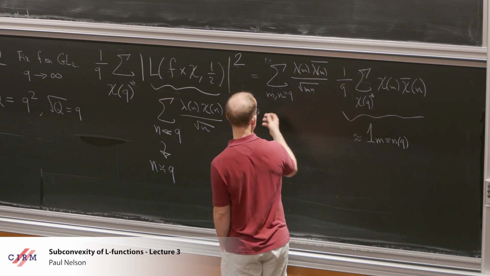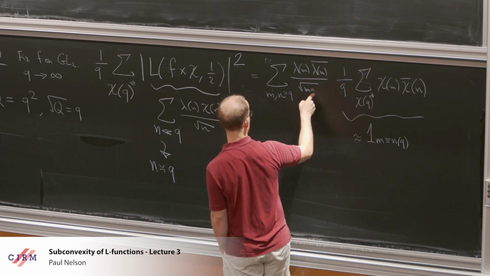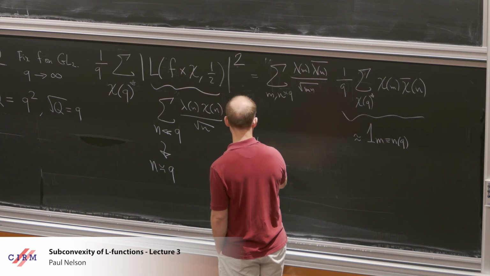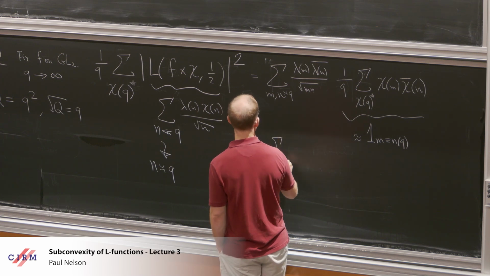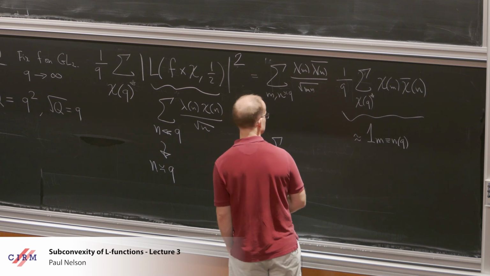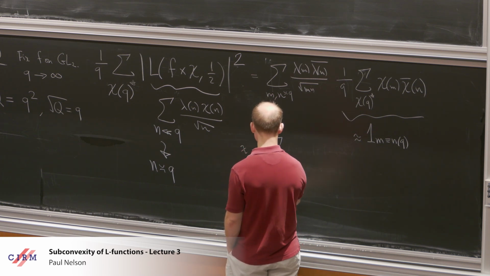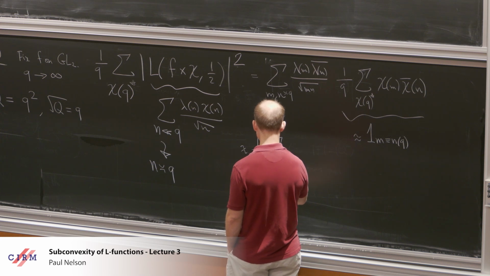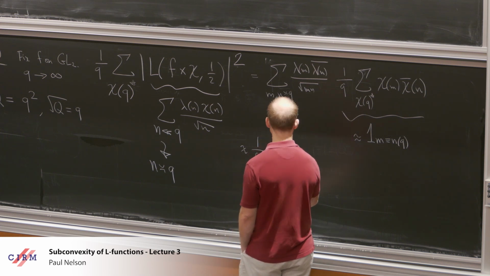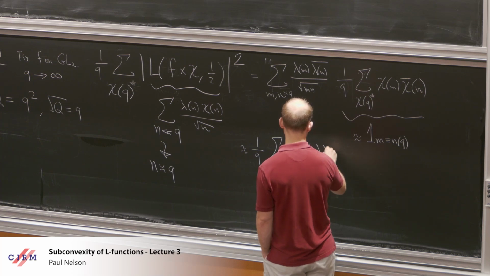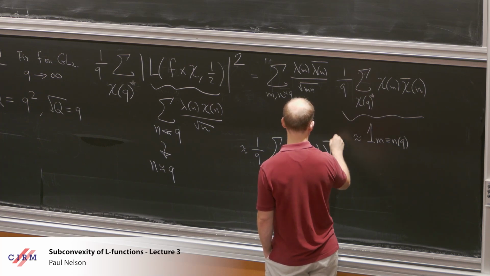And this denominator will just have size q. So this will be something like 1 over q times the sum over m and n of size comparable to q and congruent to each other modulo q of λ(m) λ(n) bar.